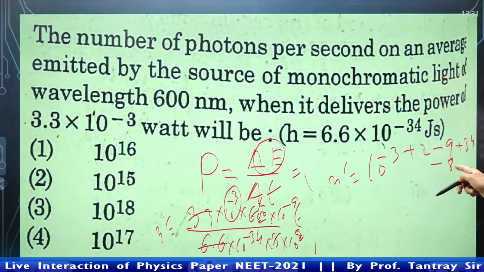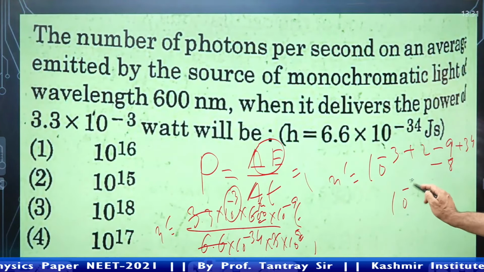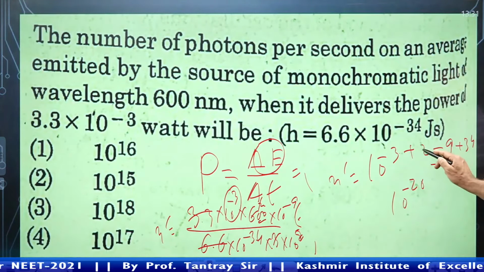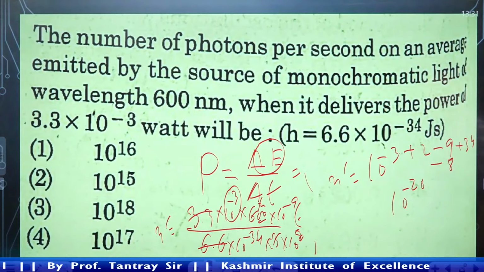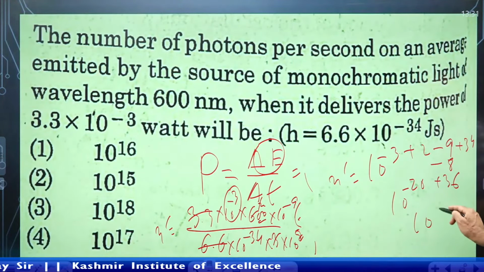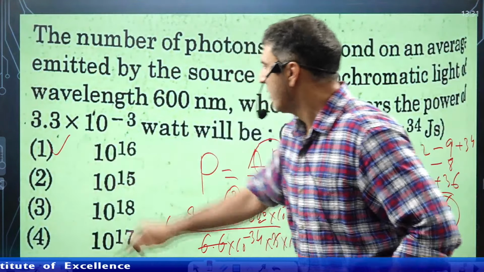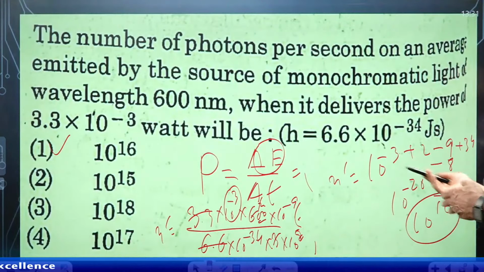So it is 17, 18, 19, 20, 10 raised to the power minus 20, but 36, 4 plus 2. 34 plus 2 means 36. That's 10 raised to the power 6, 1, 16. This must be the answer. I'm sorry, I could not collect all the zeros.